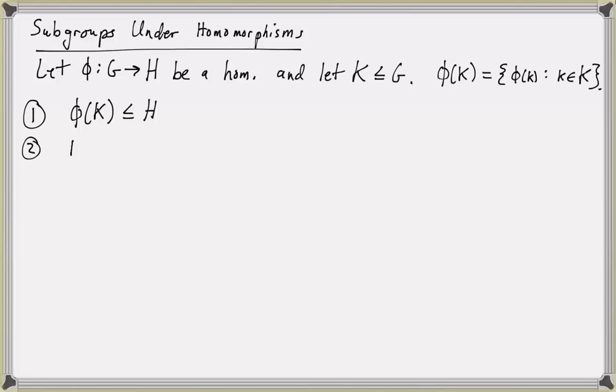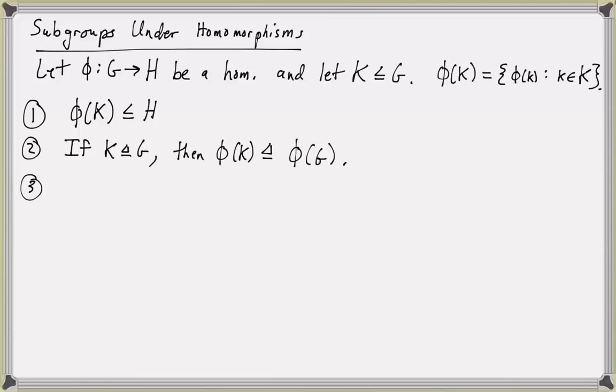Second, if K is a normal subgroup of G, then the image of K is a normal subgroup of the image of G. So property 2 tells us that homomorphisms preserve normality.